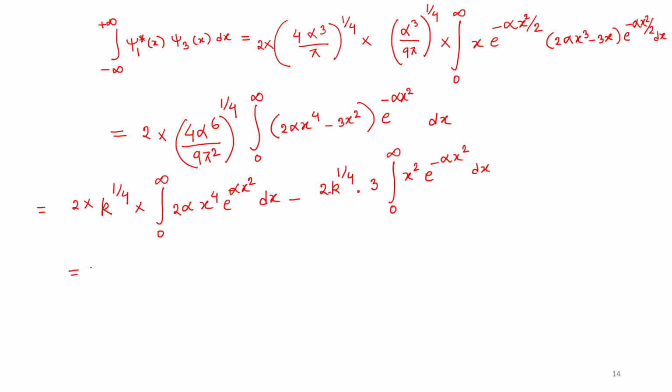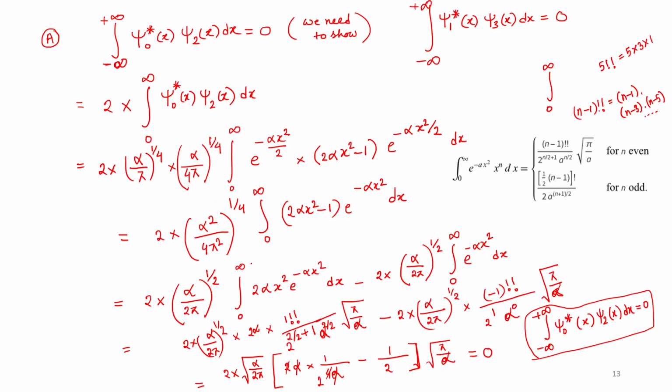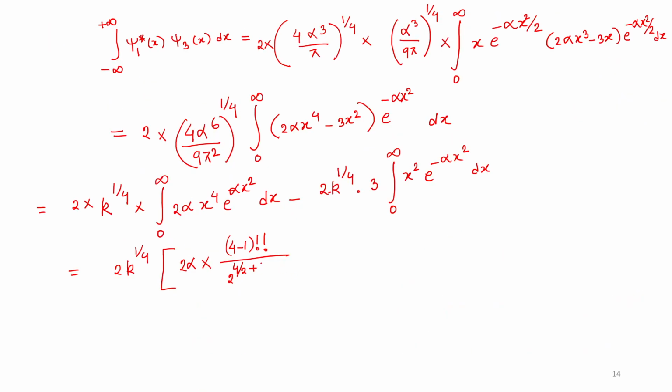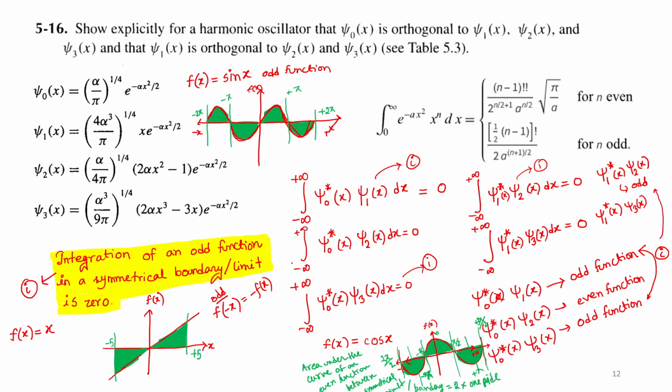So we are going to get 2k to the power 1 by 4 as common, 2 alpha into, again range is 4, so we are going to get 4 minus 1 double factorial, over 2 to the power 4 by 2 plus 1 alpha to the power 4 by 2, right?